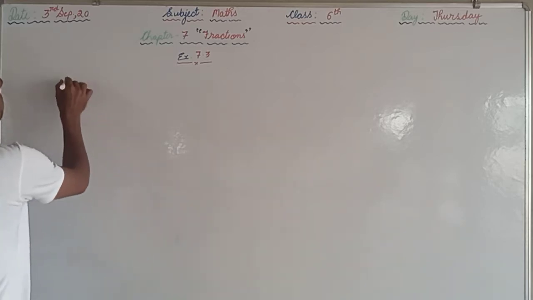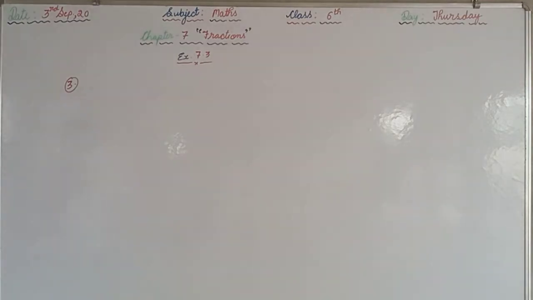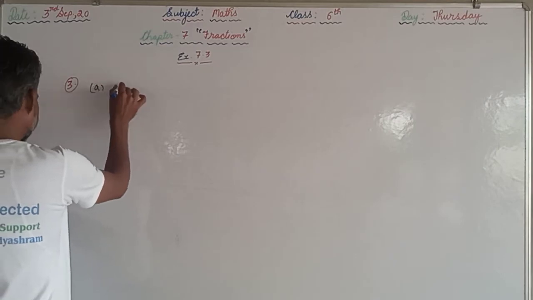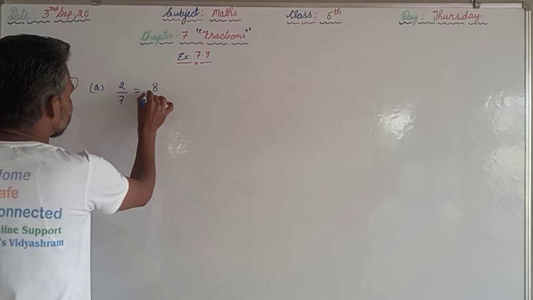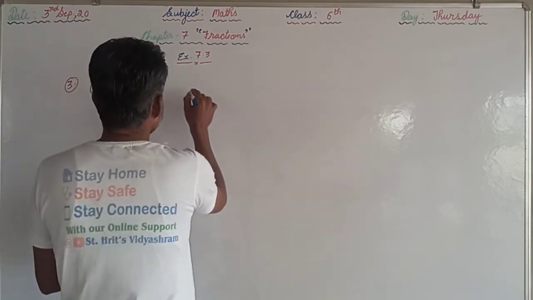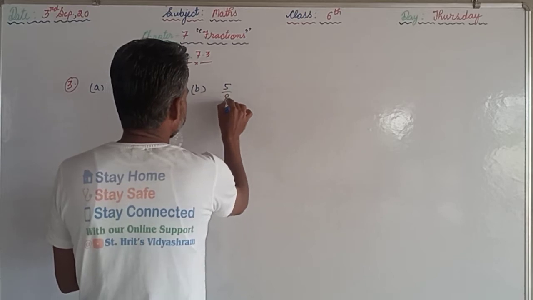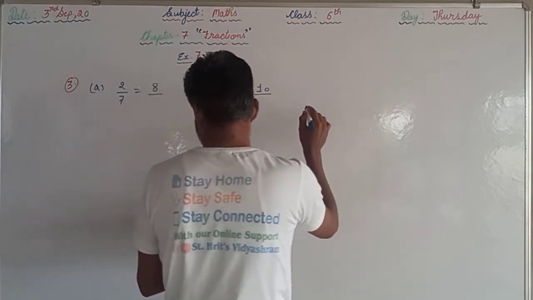So question number 3 is, in which we are supposed to fill the boxes, and the boxes are like that: 2/7 is equal to 8 upon box. B is 5/8 is equal to 10 upon box.